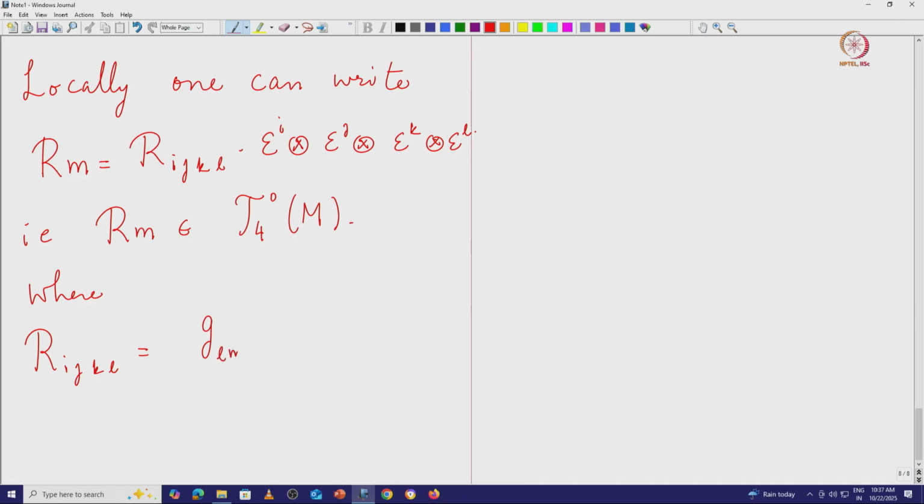So this is simply g_lm R_ijk^m. Okay. So you sum over this, that just means you are lowering an index.